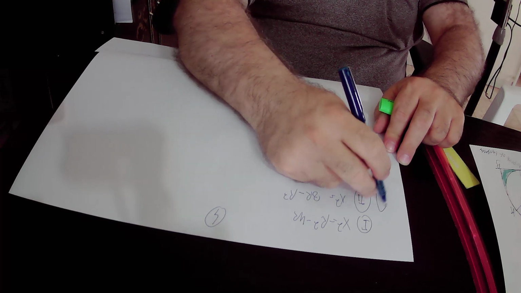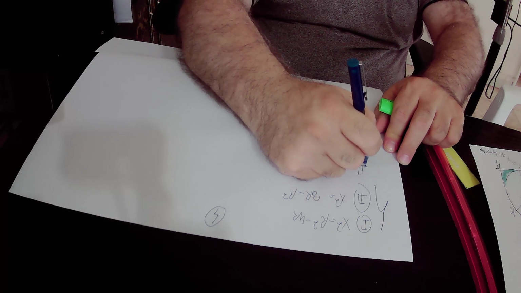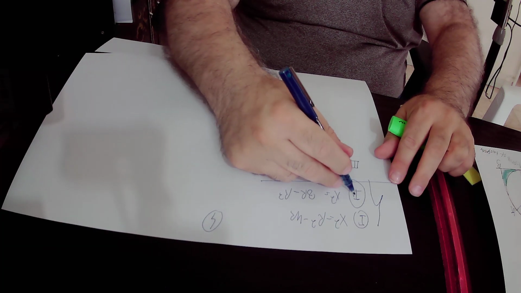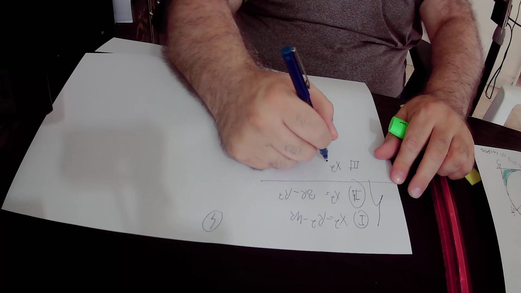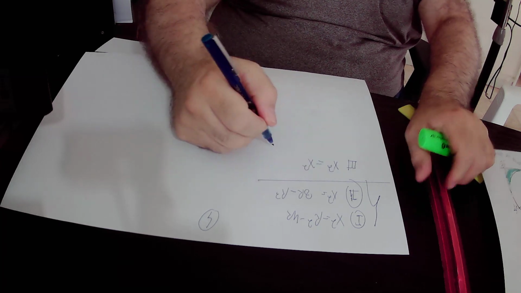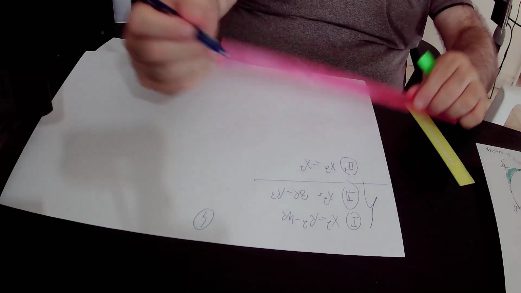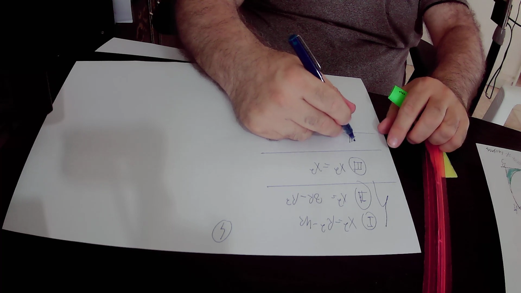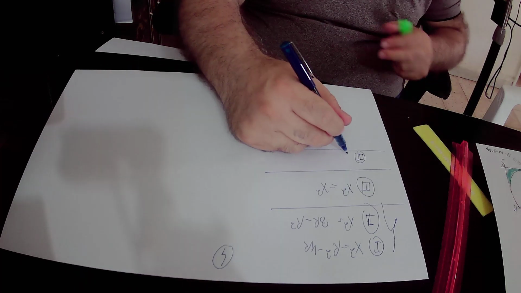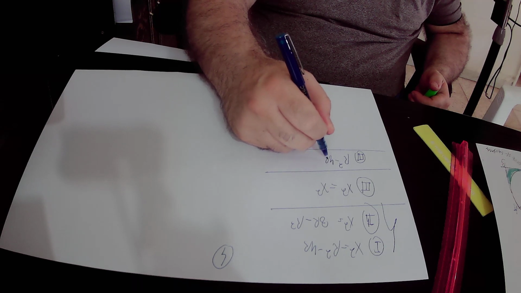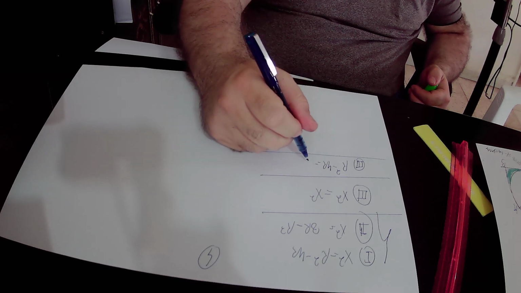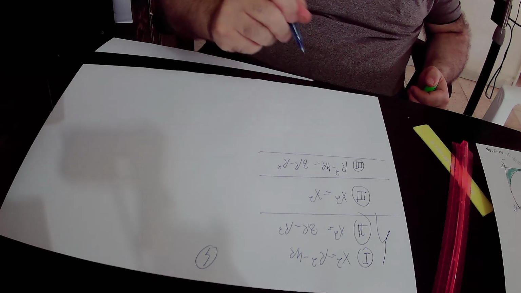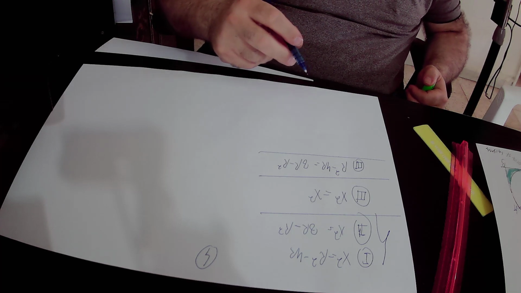Now we create equation number 3 that states that x squared according to equation number 1 must be equal to x squared according to equation number 2. Okay, so x squared according to equation number 1 is equal to R squared minus 4R, while x squared according to equation number 2 equals 8R minus R squared. So according to equation number 3, we found out that R squared minus 4R equals 8R minus R squared.